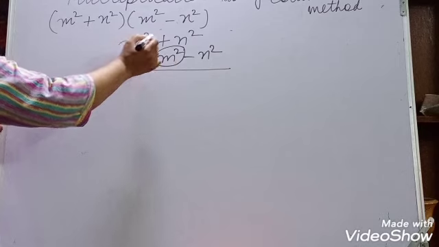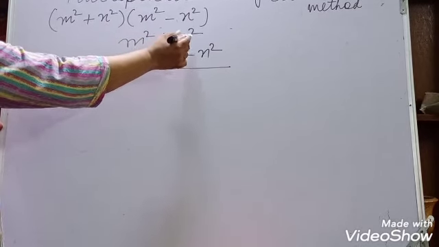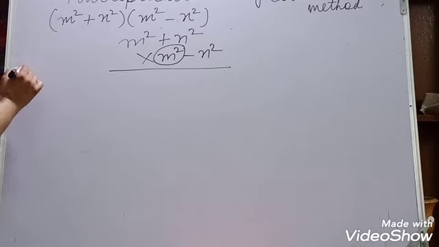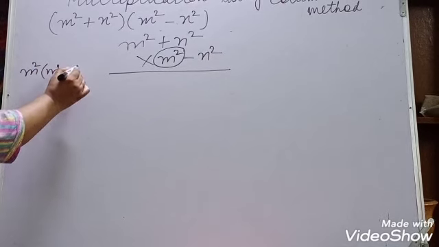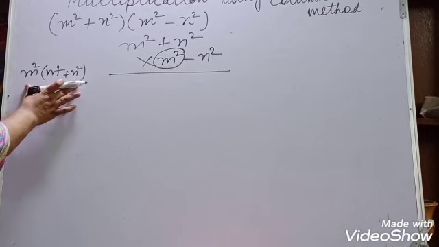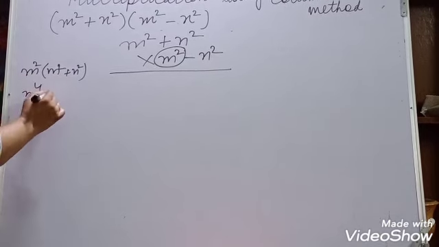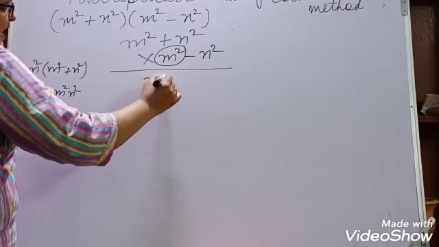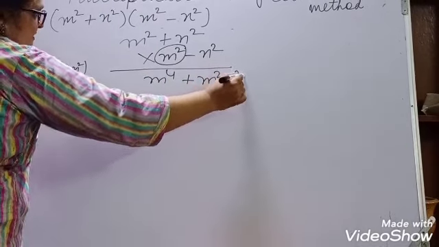M square into m square will become m raised to power 4 plus m square into n square, it will become m square n square. For your convenience you can do like this, m square into m square plus n square. You can work in a horizontal way in rough work, but it will become m raised to power 4 plus m square n square. Now you can write it over here.